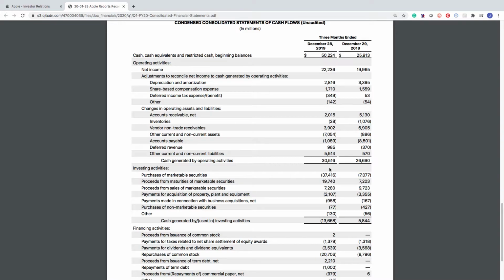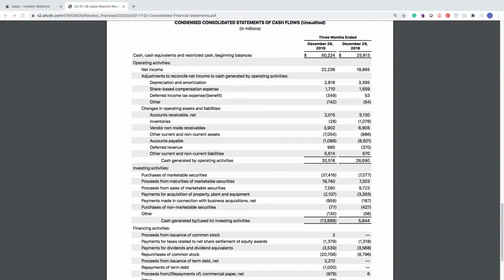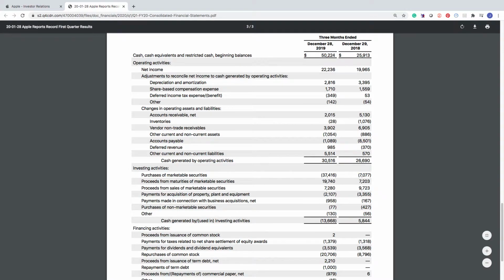Now, let's move on to the next section, which is investing activities. The main thing to focus on here is an item called payments for acquisition of property, plant, and equipment, commonly called PP&E. This is one of those items which you're going to see in pretty much every company's cash flow statement, and it tends to be one of the most important parts of investing activities.